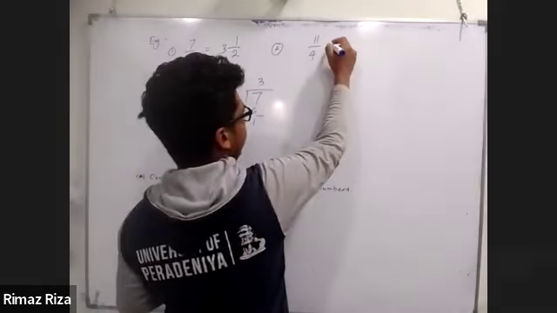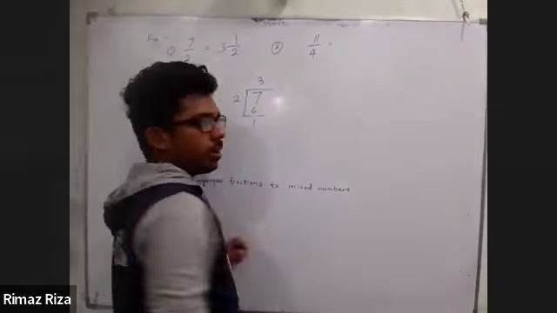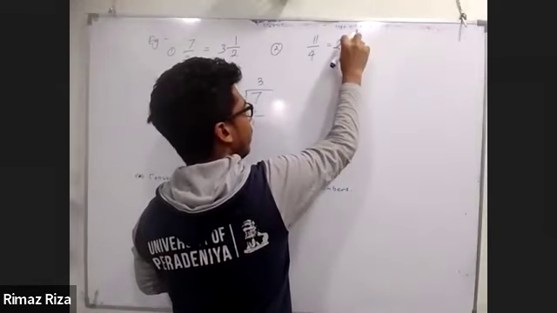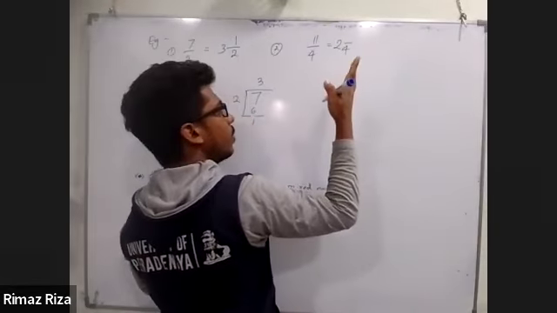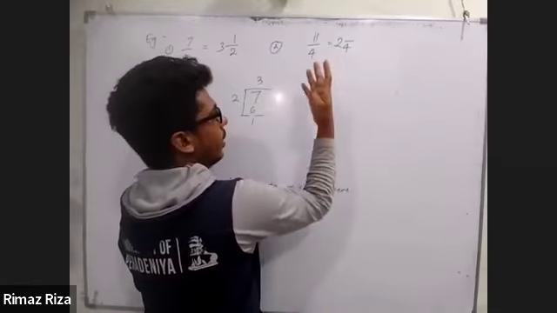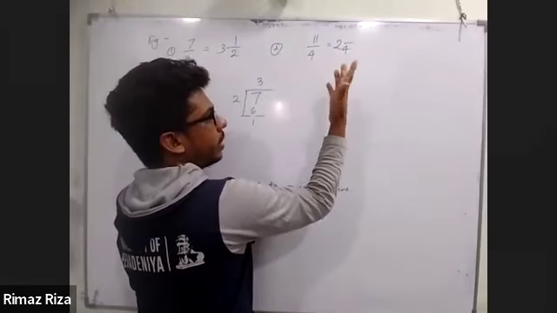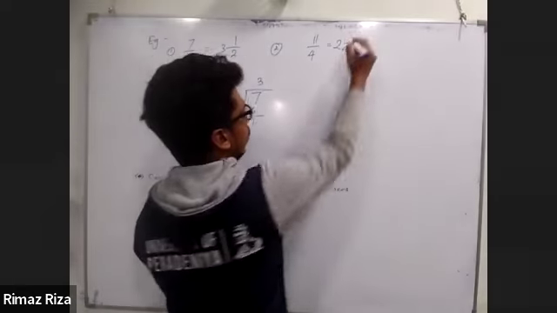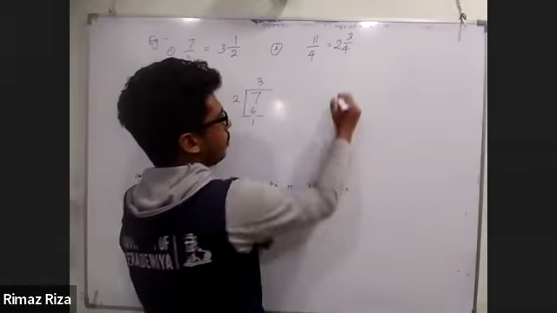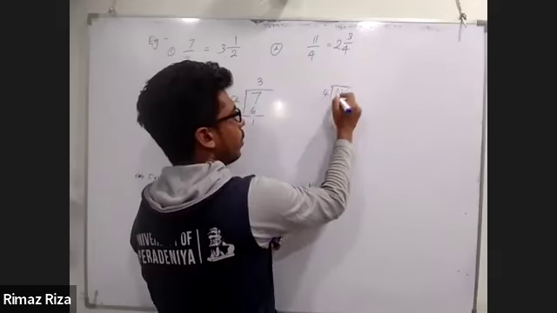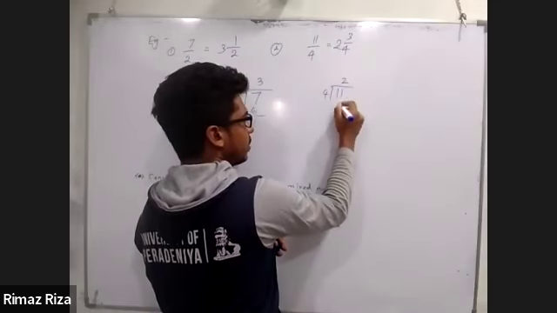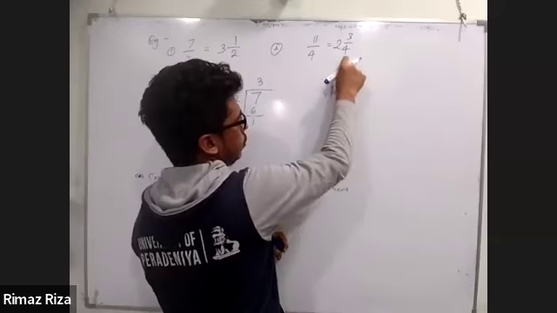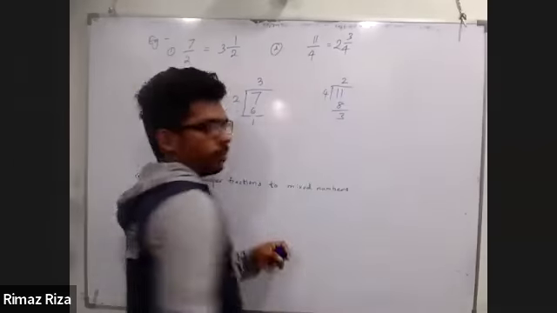So here, how many 4's are there? 2. 4 into 2 is 8, and you need another 3 to reach 11. Or else you take 11 divided by 4. 4 into 2 is 8, remaining 3. So 2 and remainder 3.